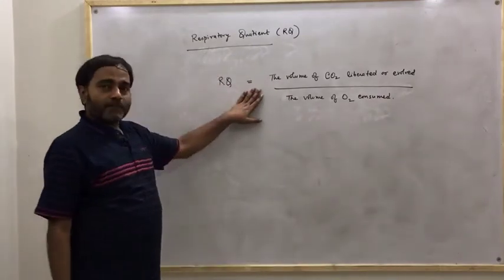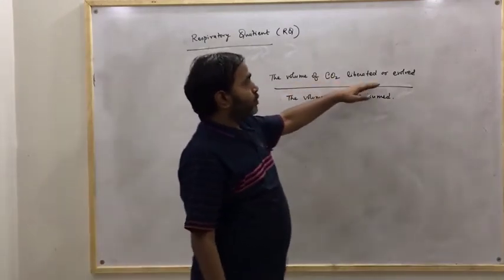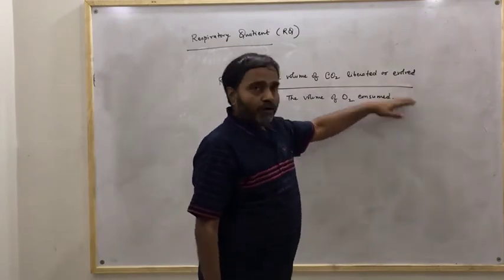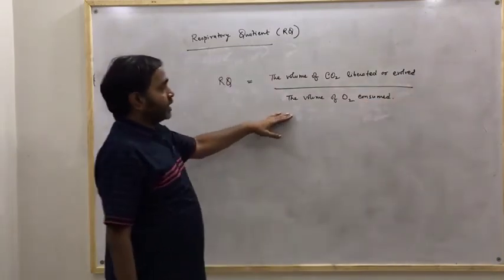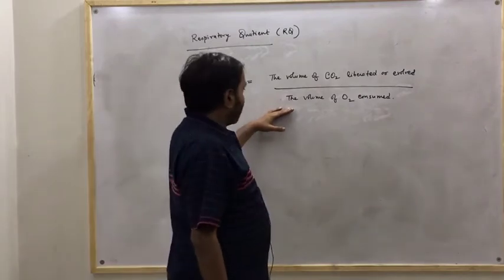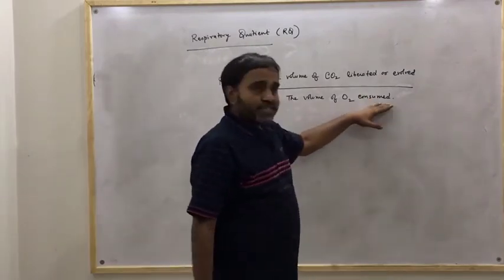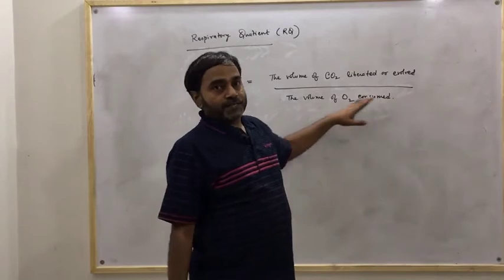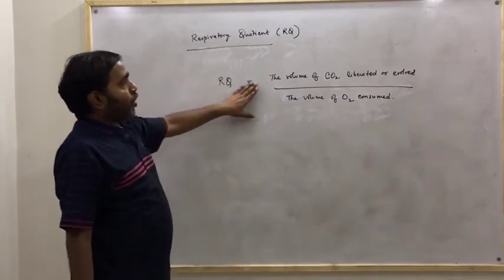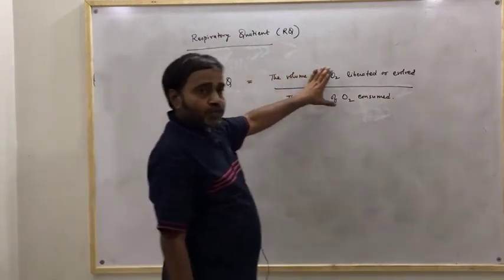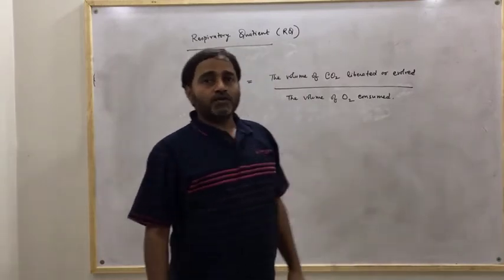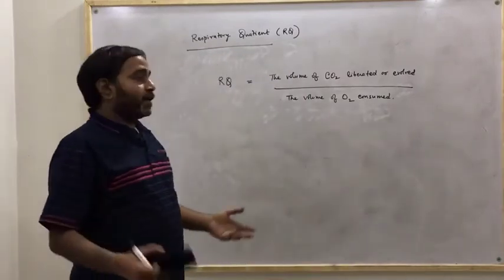So simply it can be given by the volume of CO2 liberated or evolved, and in the denominator, the volume of oxygen which is consumed for that process. So together it is called RQ value. If we take the ratio, it will be known as RQ value. That's why it has no unit.